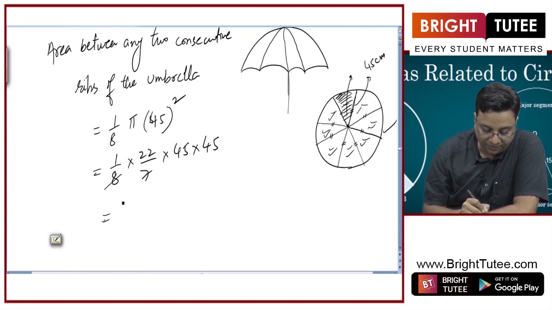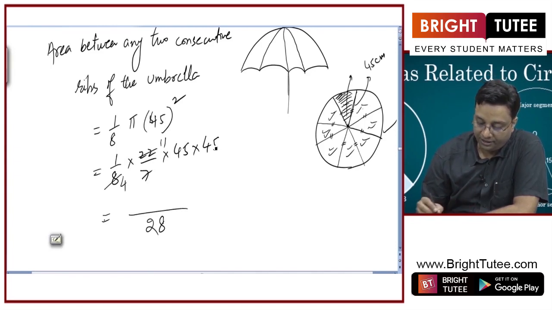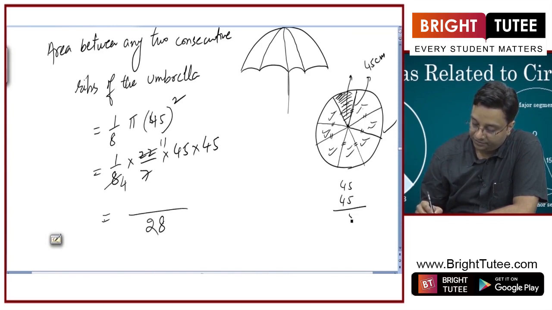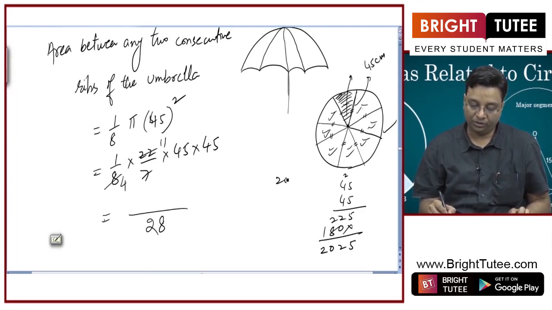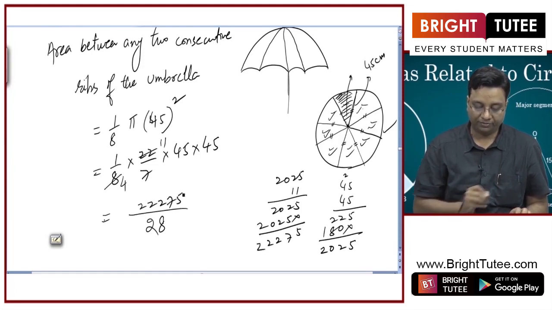So this is 4, 11, 28 in the denominator, and 45 into 45 is 2025, and then you multiply 2025 with 11, so you will get your answer for the numerator, 22275.